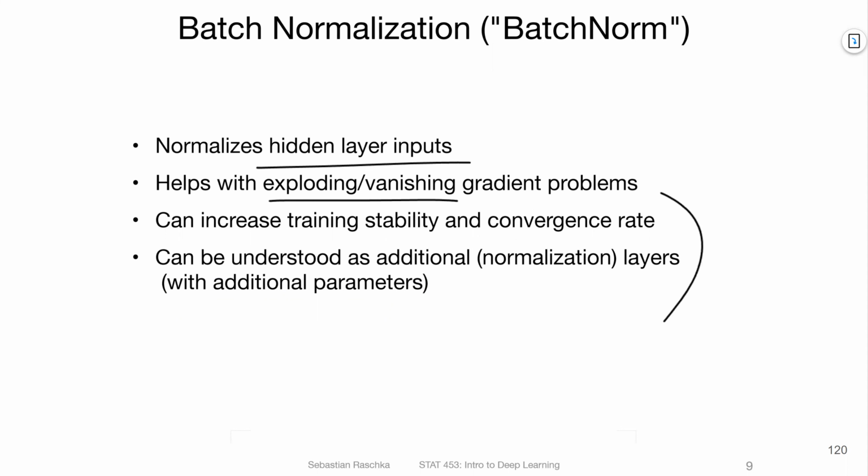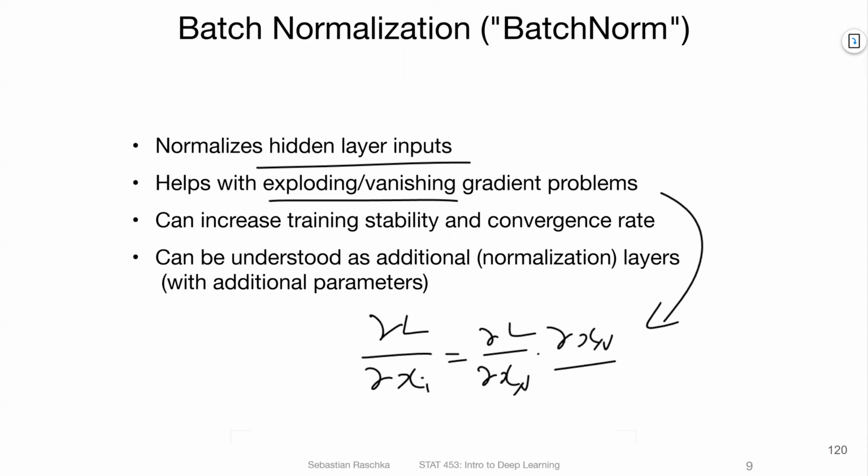We saw in the backpropagation class that to calculate the loss with respect to a certain parameter, we apply the chain rule and calculate the loss with respect to xi.